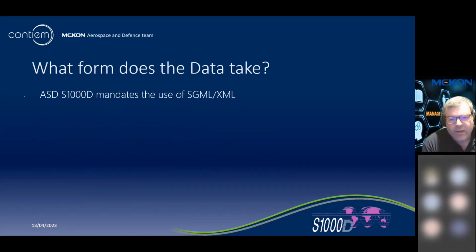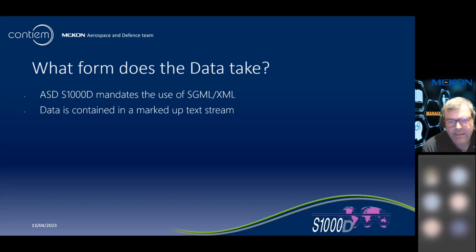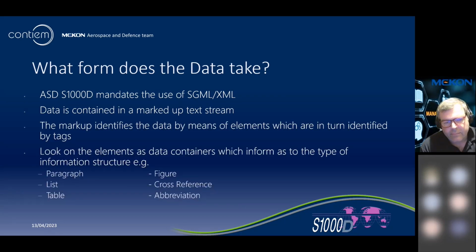I've already mentioned that the data is mandated to be in SGML or XML, and these days pretty much we're talking XML. And so that is marked up in our text stream. So I've talked about the tags. Tags might identify things like paragraphs, lists, figures.